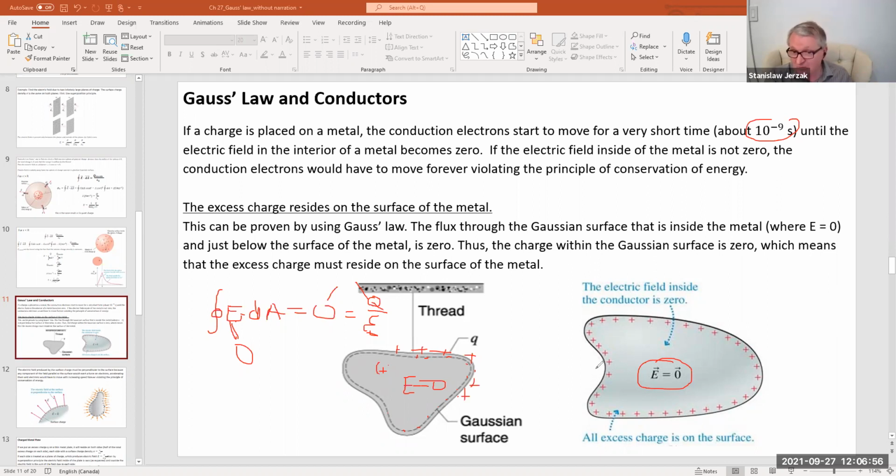Now, your question is very good. If that charge on the outside is very large, that charge on the surface will produce an electric field, right? So everywhere outside of that metal there will now be an electric field. And I will show you in a minute that this electric field will depend on the density of that charge.